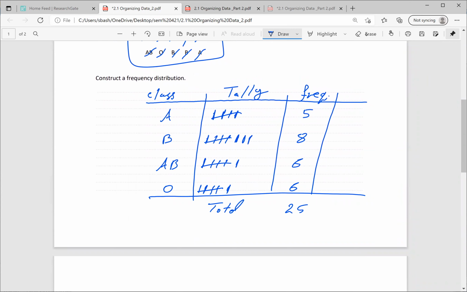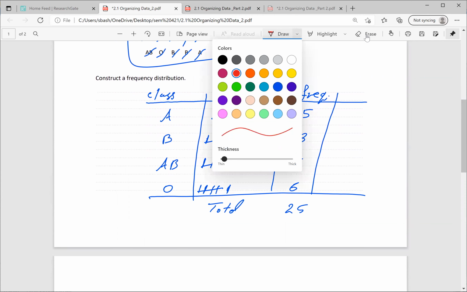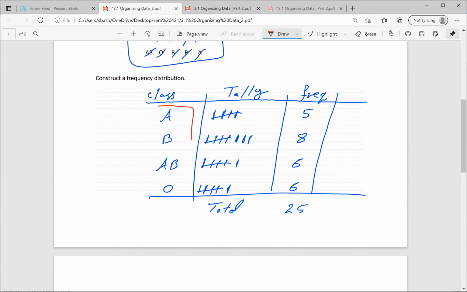Now this is the frequency distribution, and it is a categorical frequency distribution, because the variables here are categories. These are not numerical. And that's why we call this one a categorical frequency distribution. For the last column, sometimes we need to find the percent.